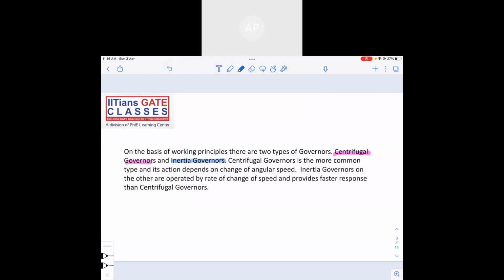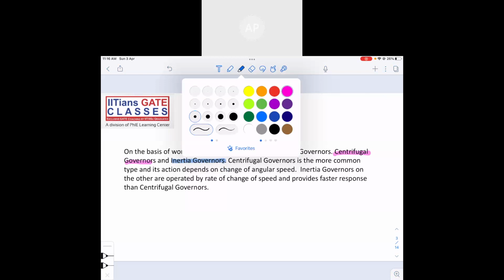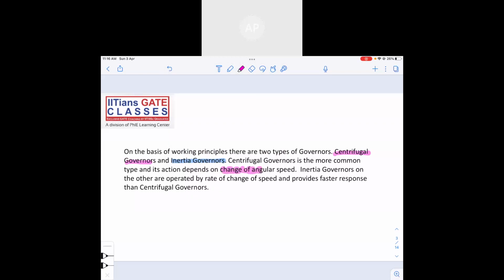Centrifugal governors are more common, and their action depends on change of angular speed. We have just seen this. This change of angular speed results in the fly balls moving outside. Because the fly balls move outside, the sleeve moves up.